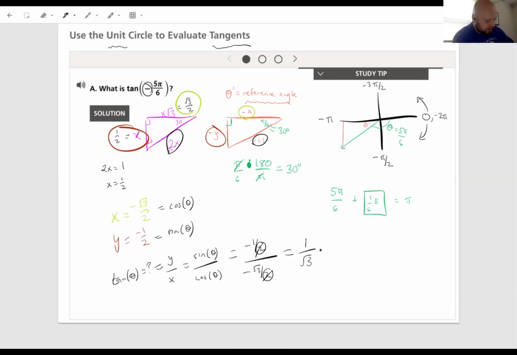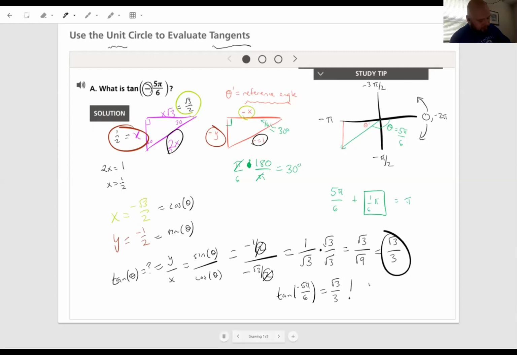And again, to rationalize, you're going to multiply by the square root of 3 over another square root of 3. And that gives you square root 3 on top and square root 9 on the bottom. And the square root of 9 is just the number 3. So this is our answer, which means that the tangent of negative 5 pi over 6 is root 3 over 3.